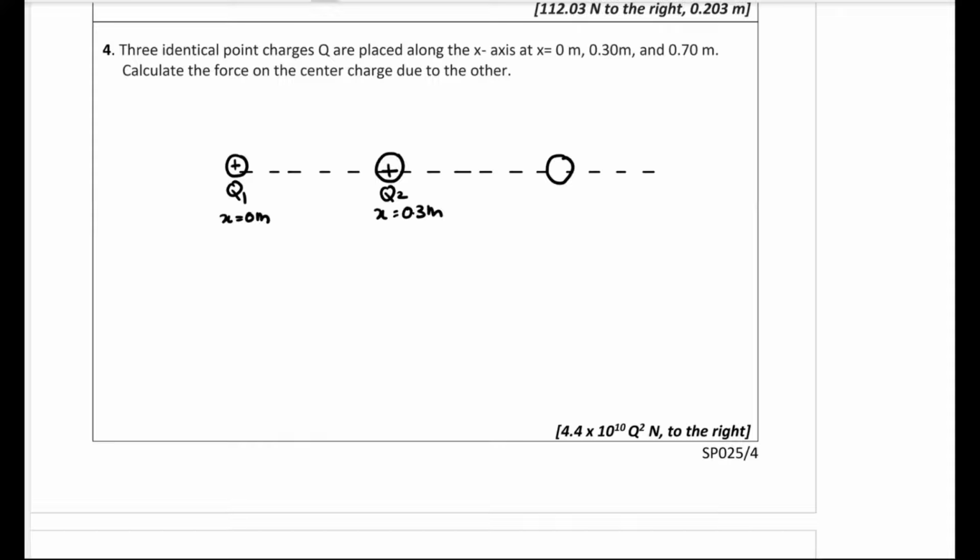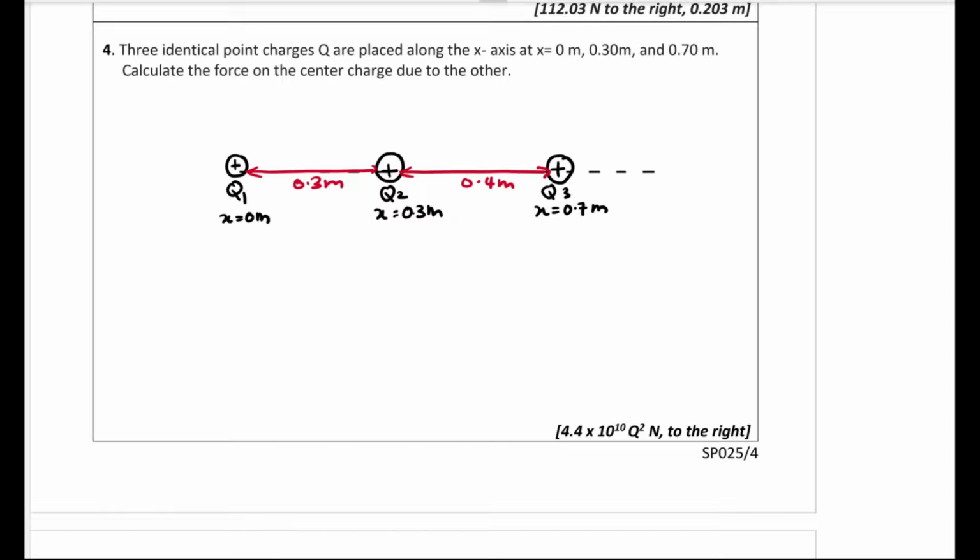And the last one here, Q3, at x equal to 0.7 meter. So, this is the coordinate, but the distance between Q1 and Q2, make sure, is 0.3 meter, and the distance here is 0.7 minus 0.3, so 0.4 meter. Okay, this must be correct first.